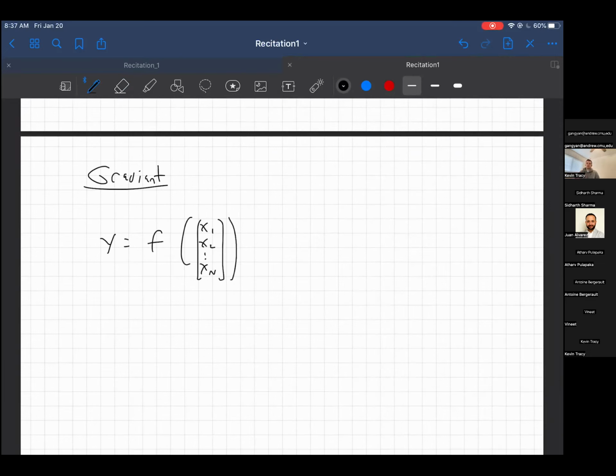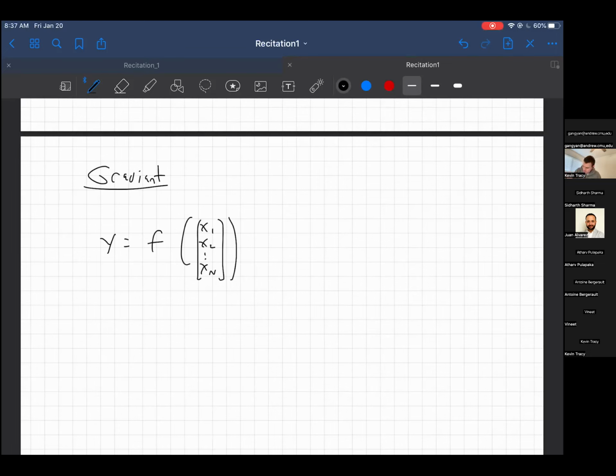A loss function in machine learning is a scalar valued function. So it takes in a vector and it spits out a scalar. If I were to take the Jacobian of this, following the rules I just laid out, I have one row for every output and one column for every input.